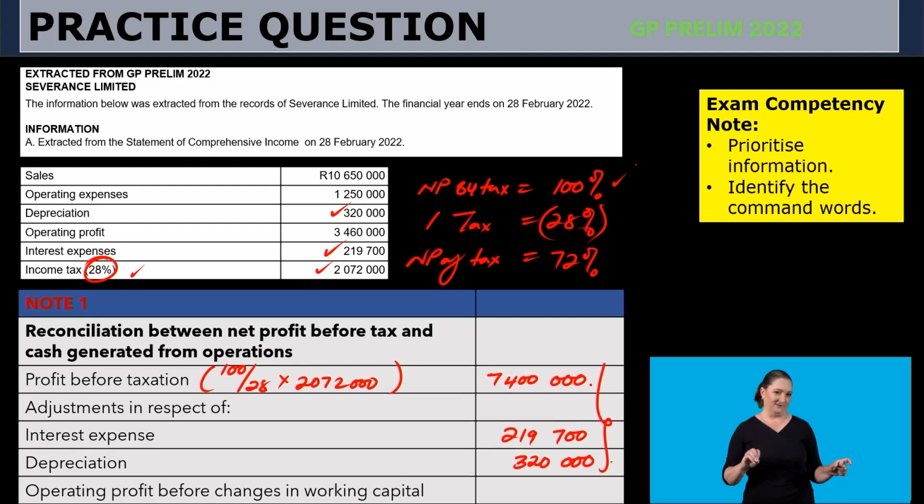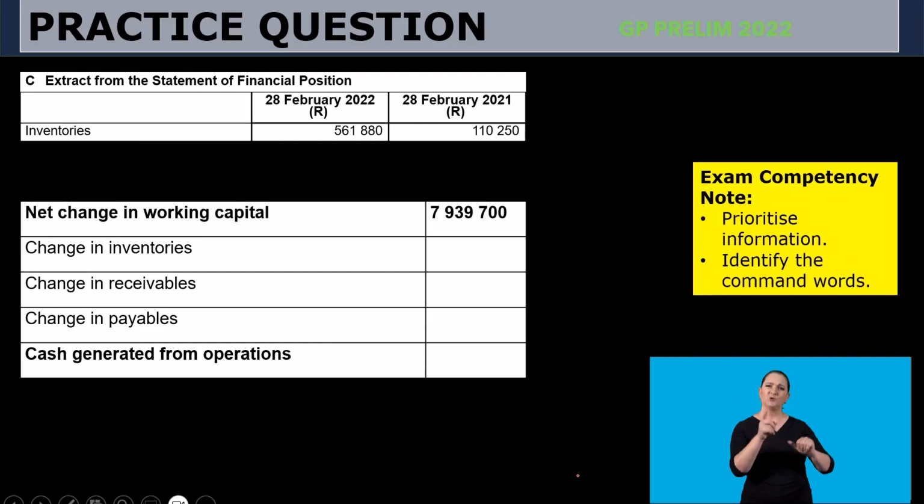Then I'm just going to add these three figures together and I'll end up with 7,939,700. Okay, make sure you confirm this figure again in your calculator. Let's move on to the next part of this note. Remember, this is what we have just calculated.